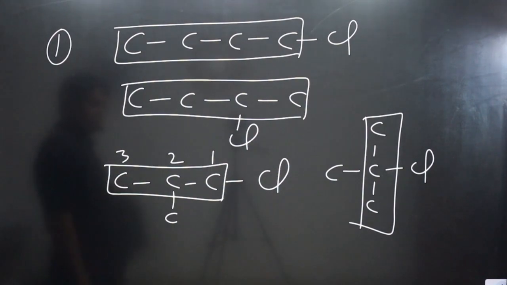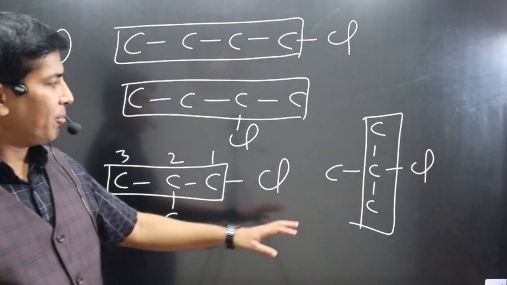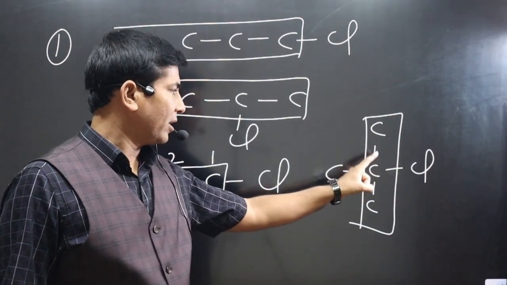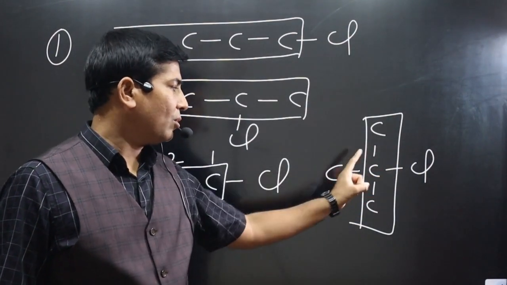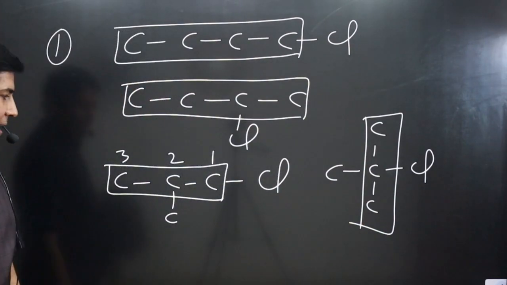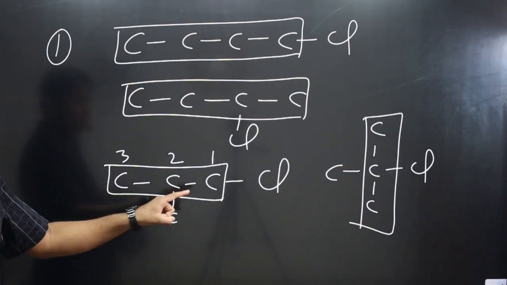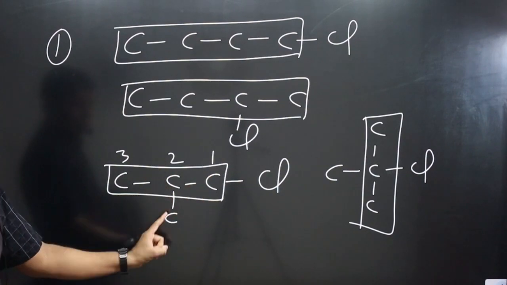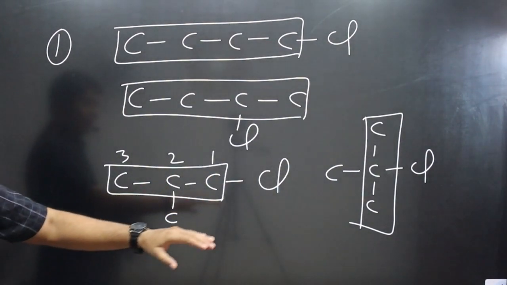If you want to name it, this is 2-chloro, 2-methyl, and propane. And in this case also, we got 1-chloro, 2-methyl propane.